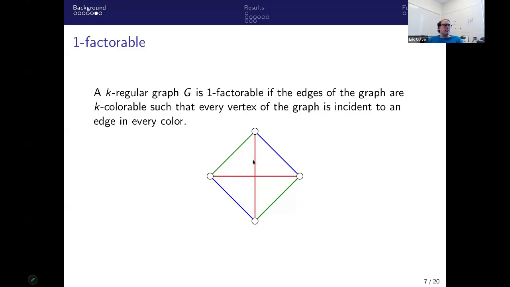So you can color the edges with k colors. So essentially you can partition the graph into k perfect matchings. Then this is what one-factorable means. This is important for the result that we're going to cover.